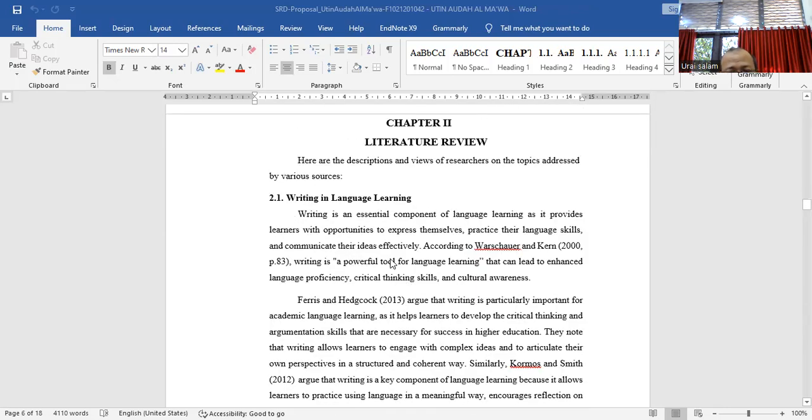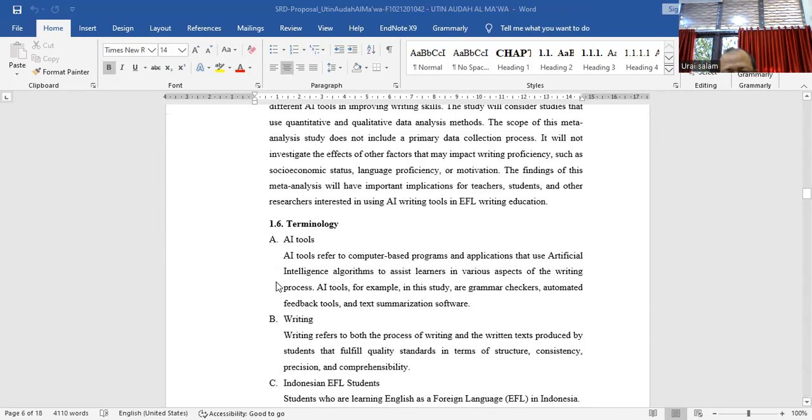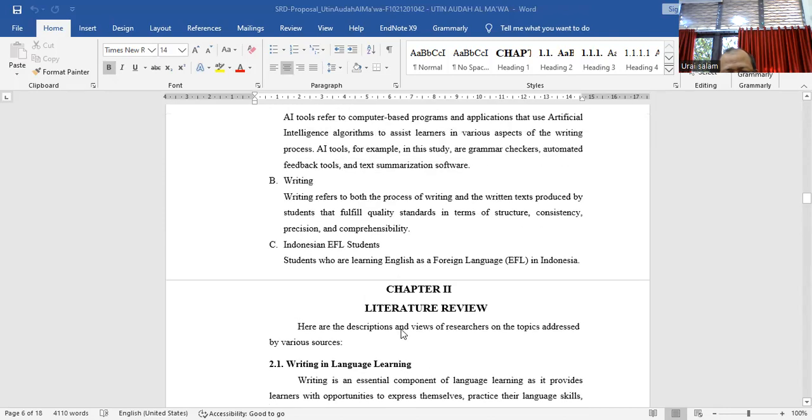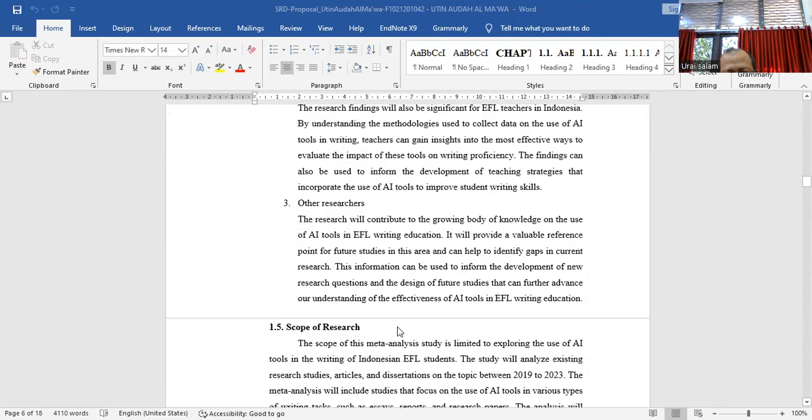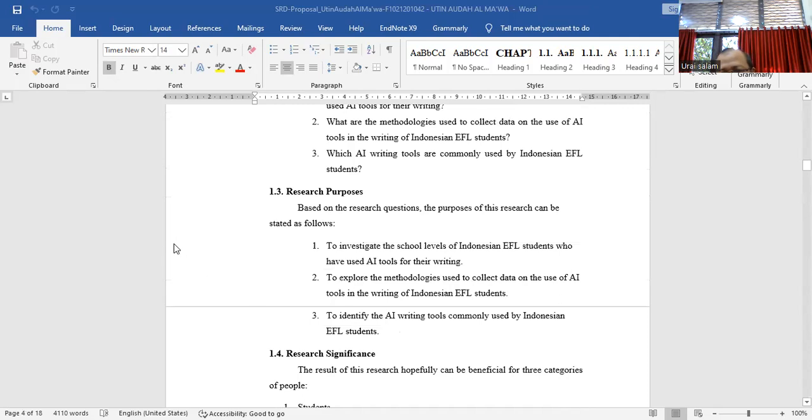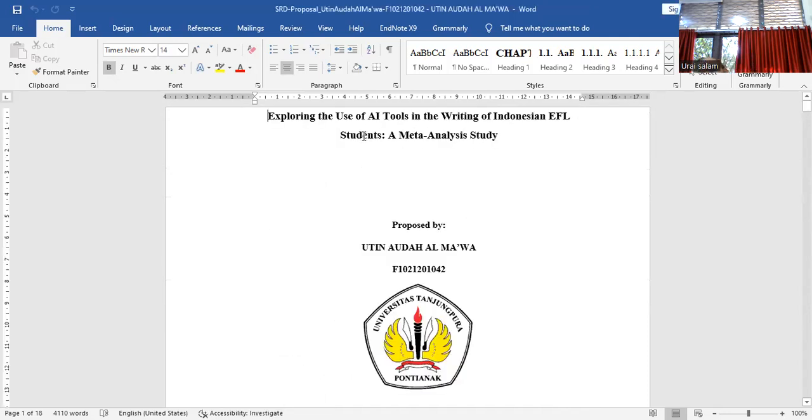Literature review. We have to start from AI. AI for writing, something like that. Because actually our research is focusing on searching for AI products that are being used in the classroom.